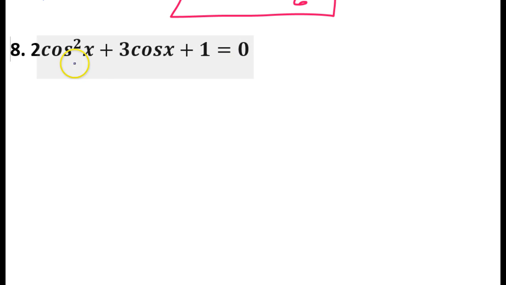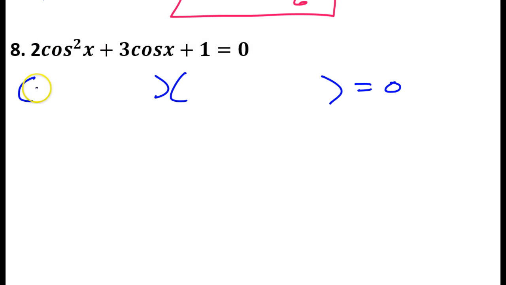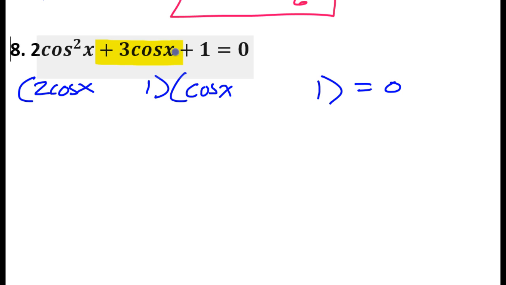Let's go ahead and factor this. 2 cosine squared would factor as 2 cosine times cosine. 1 can only factor as 1 times 1. Now, inner plus outer must equal the middle. This is the middle that I'm talking about.